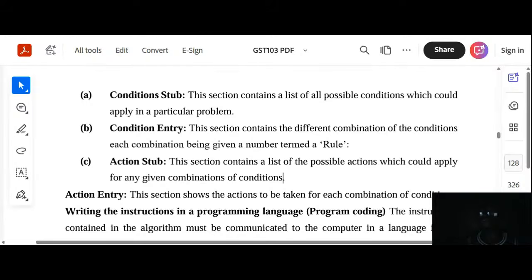Then the action stub is when you do minus multiplied by minus, the end result will give you plus. So the action is you multiplying minus by minus and getting plus. All those actions that will result from combining minus times minus will be stored in the action stub. But we have one final one, which is action entry.